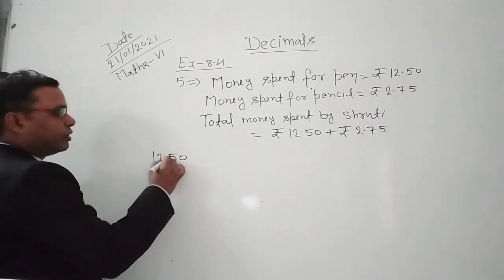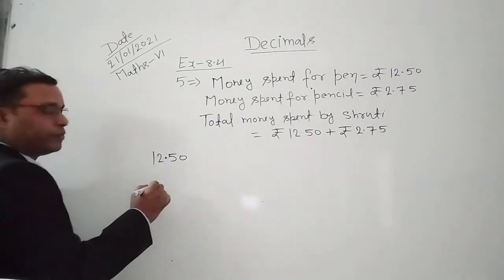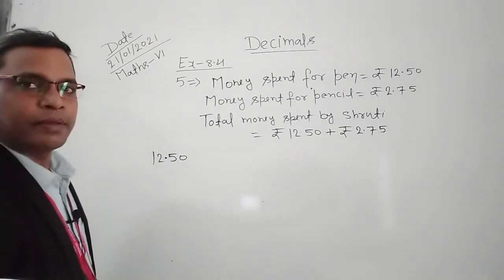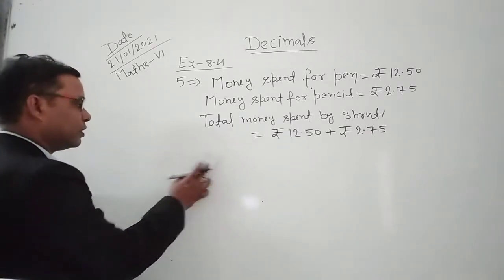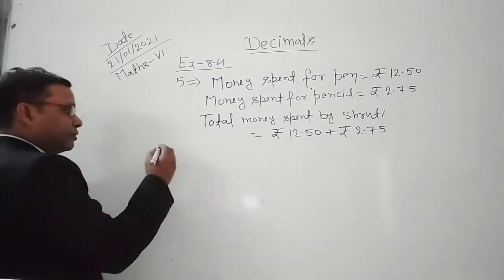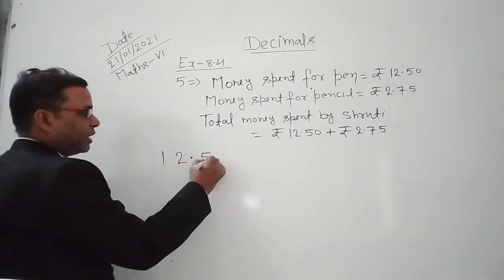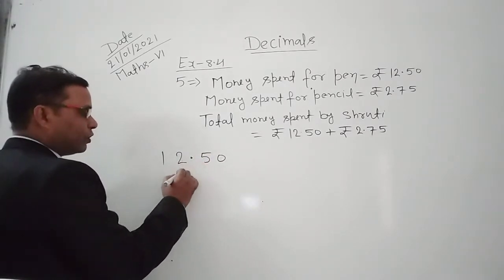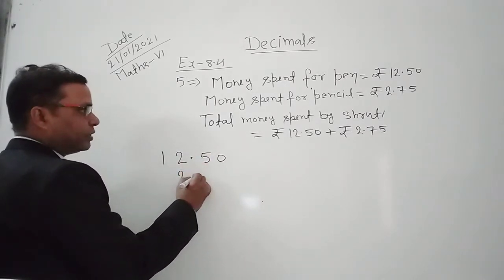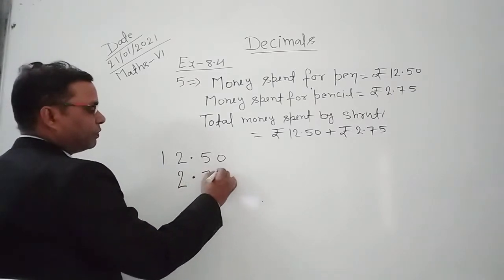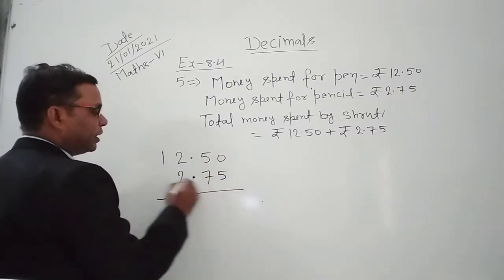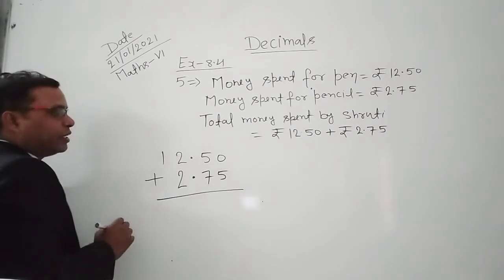12.50, clear. Now after this 2.75. Now in this way you can add it in a very easy way.